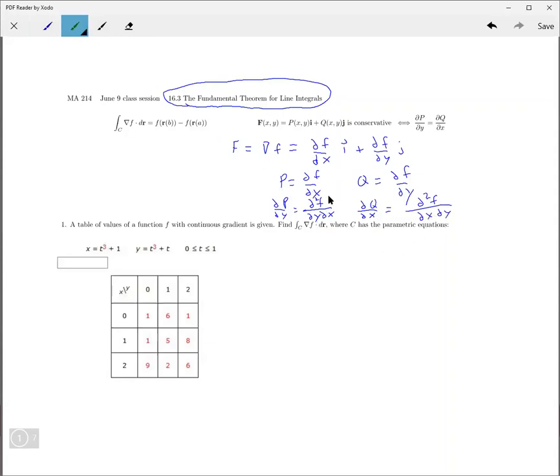And those two are going to be equal to each other, because as long as they're continuous partials, which always happens, then they're going to be equal. So these being equal is the same as that being equal right there. Okay, so this equation is just that.